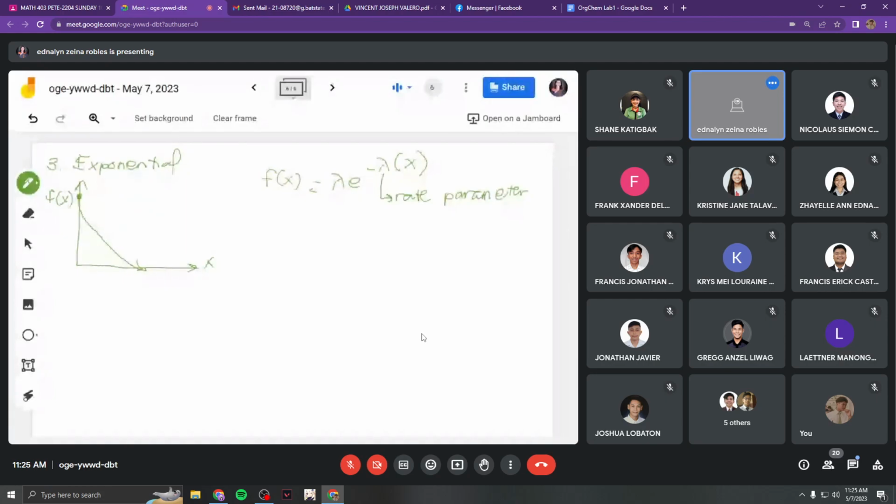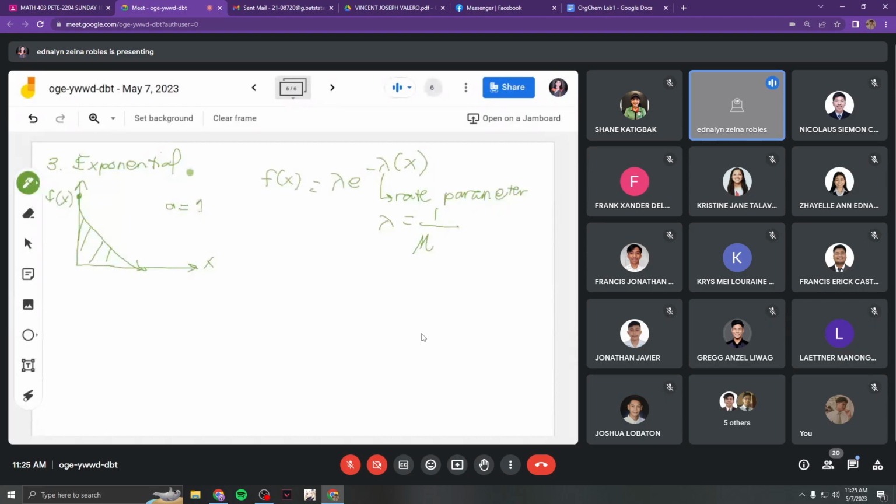You can get lambda, it is equal to 1 over the mean or the average. So this is lambda, not x. Lambda is equal to 1 over mean. And the area of this declining region is equal to 1. So area is equal to 1.